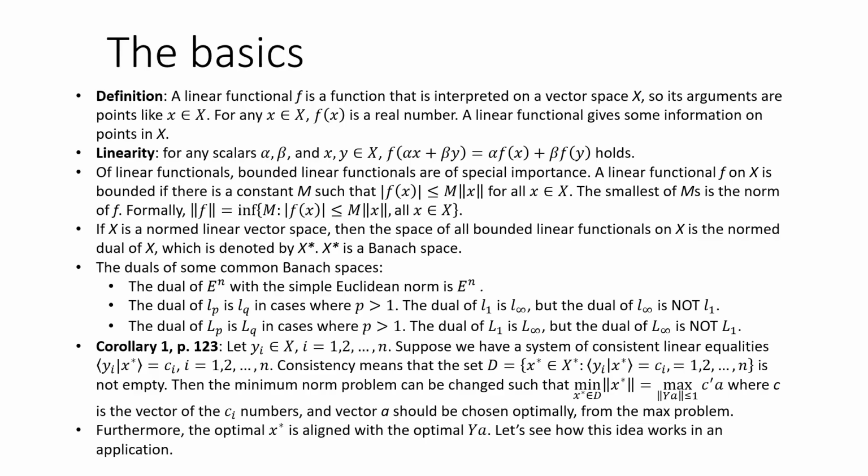And this is the theoretical background by which we can change the problem. We are looking for a functional, a point in a space. This is x asterisk. This is a minimum norm problem, and we can change this problem into a maximum problem.